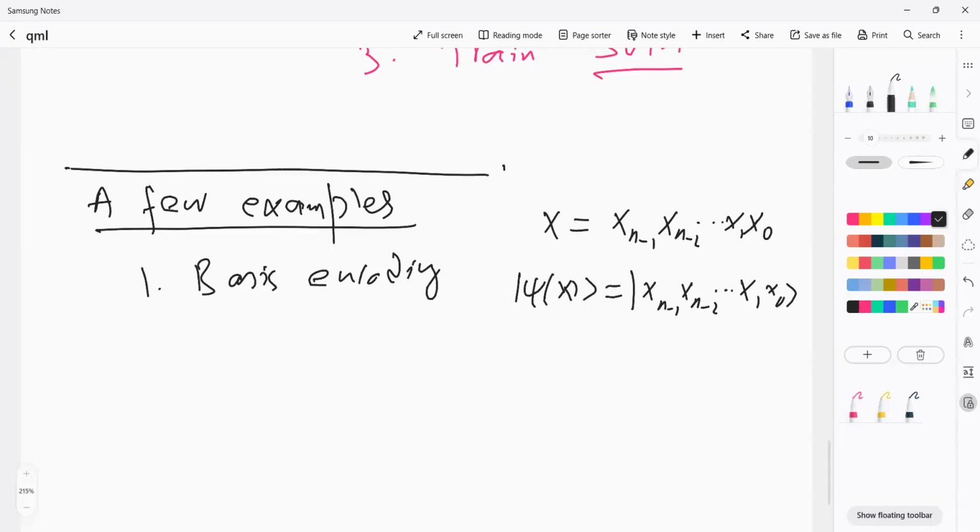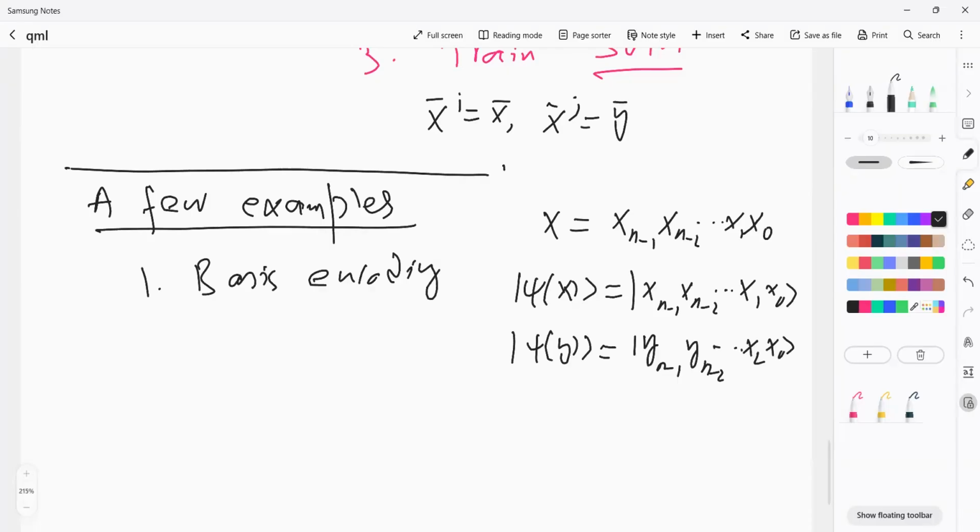And suppose there is another vector Y. Right now, let me take Xi as some X and Xj as some Y vector. That will just make life a little bit easier. So psi of Y would similarly be a binary state encoded like this.